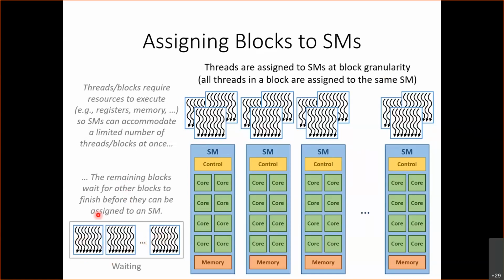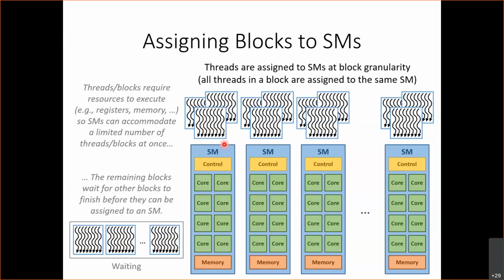This is not an actual queue; it could be closer to a counter, if you may. These thread blocks are logically waiting until the thread blocks executing on the SMs finish their execution, so that the new thread blocks can come and start executing.